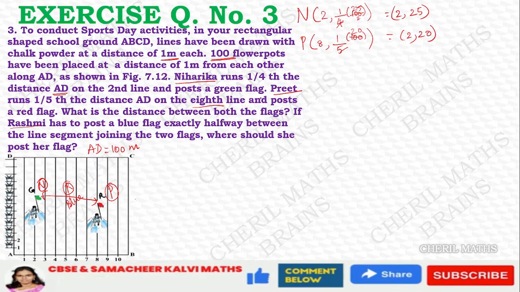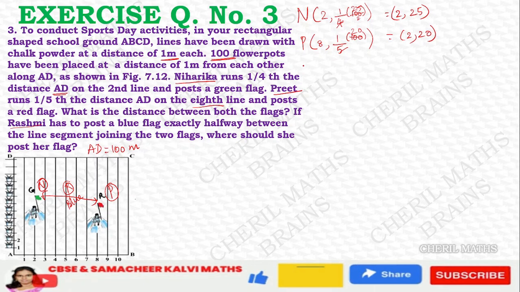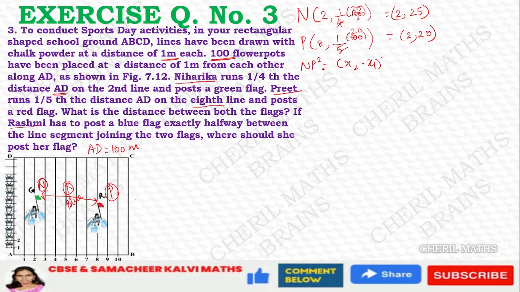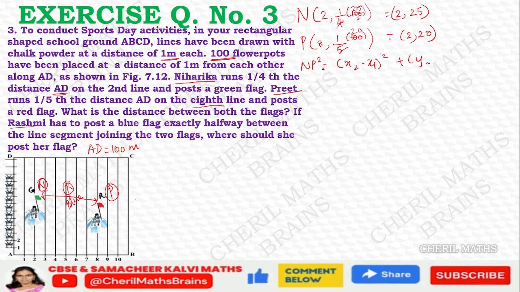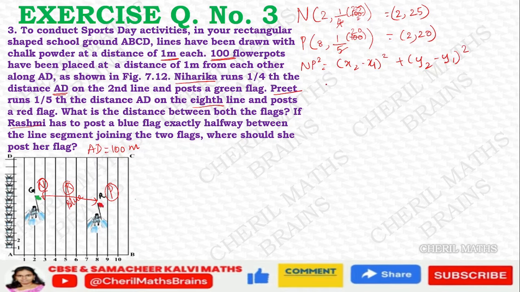Now they want us to find out the distance between both the flags. That means we have to find NP. So we know the formula of NP square is going to be x2 minus x1 the whole square plus y2 minus y1 the whole square. So can we find this out now?